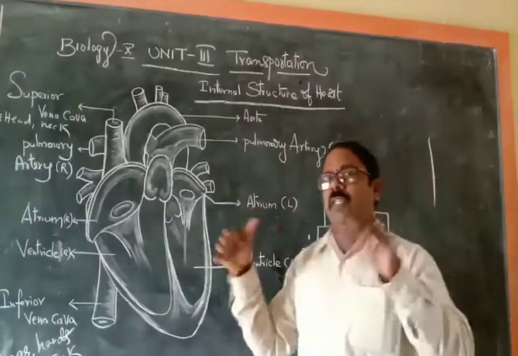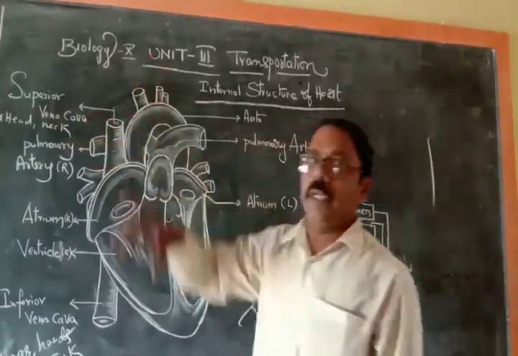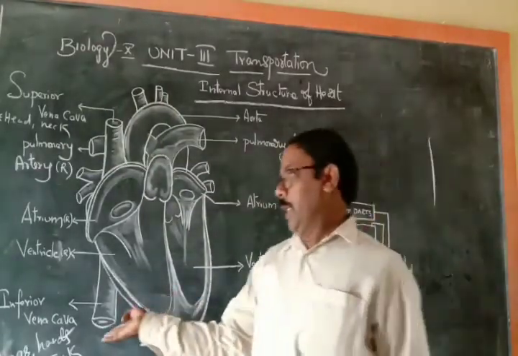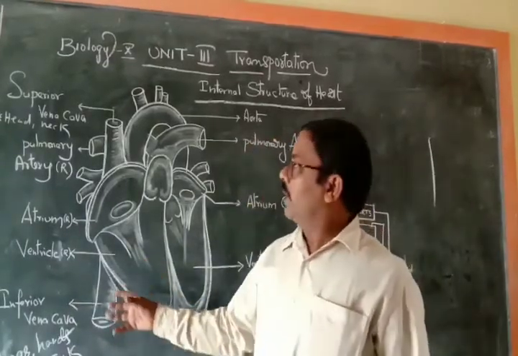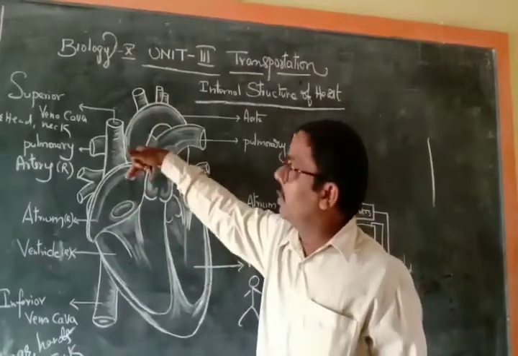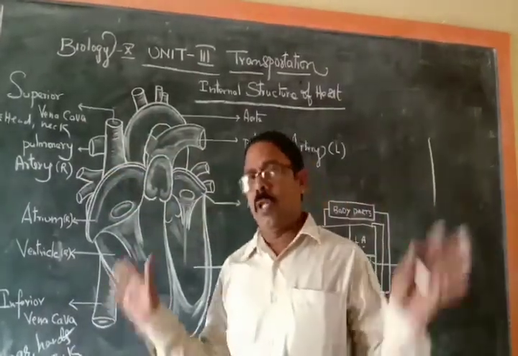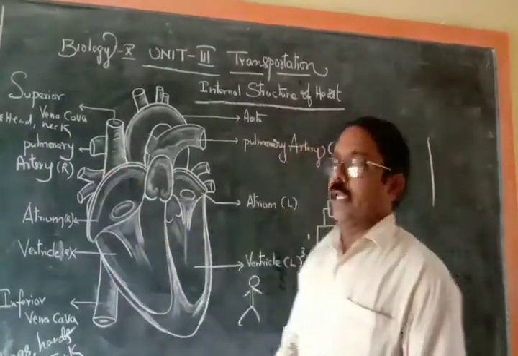All the blood vessels open to the right atrium through the superior and inferior vena cava. All parts of the body open into the right auricle.